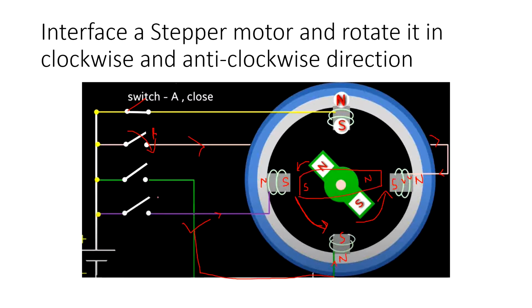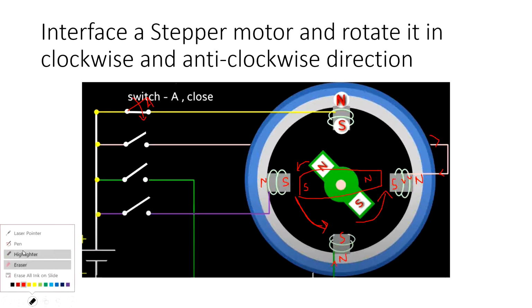Now what we'll do is we'll energize only D. Sorry, we have to energize A. So if I energize A by opening the switch B, now what will happen? The current starts flowing through this, and that's why again this becomes north and this becomes south.